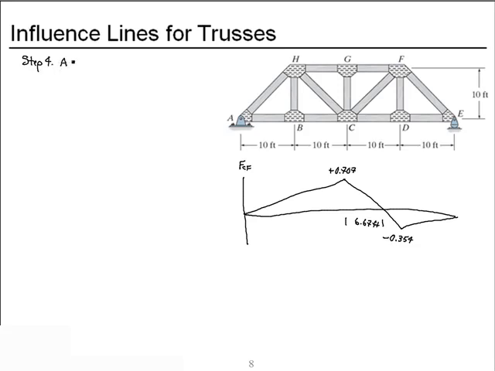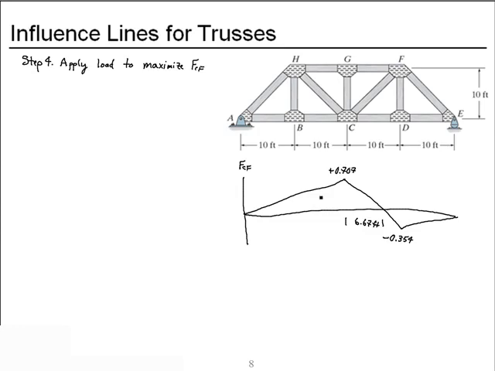which is to locate where to apply the load to maximize the force in member CF, and then we'll actually apply that load and calculate the maximum. Now as we look at these areas under the influence line, we have a very large positive area and a smaller negative area. It's the area under the influence line that tells us where to put the load in order to maximize the effect.